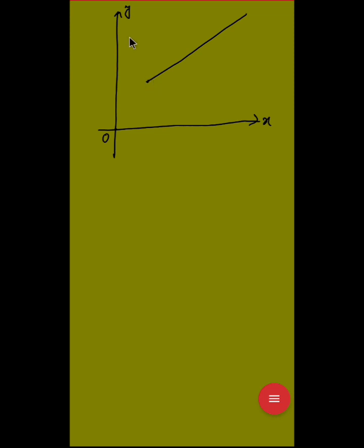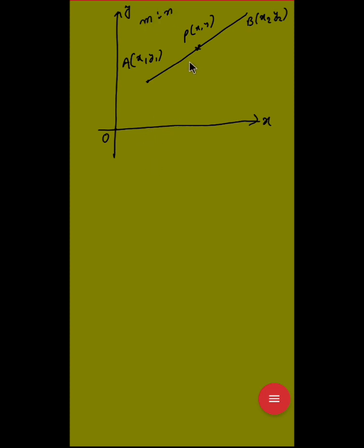Here I have written A, defined by x1 comma y1, and another point B, defined by x2 comma y2, and I am taking a point P, defined by x comma y, and this P divides the line segment in the ratio m to n.